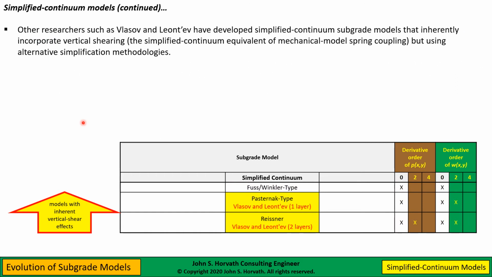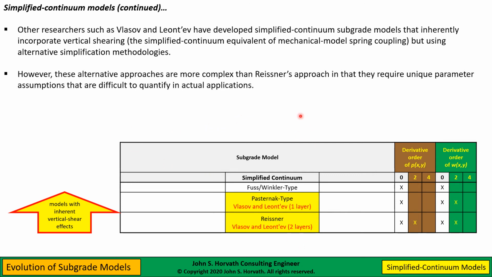I do want to point out that there have been other researchers, such as Vlasov and Leontov, who have approached the simplified continuum concept from a little bit different perspective. They made different assumptions, and they've wound up with comparable models. The problem with the Vlasov-Leontov approach is that they inject a unique parameter into their assumptions that, in my opinion, is pretty difficult to quantify in a real-world application.